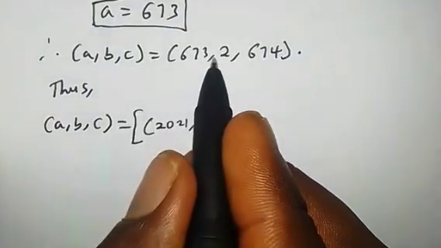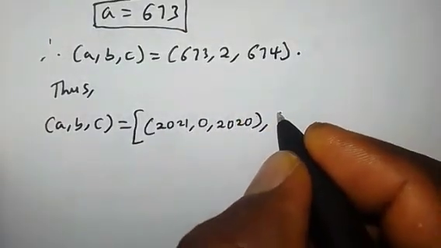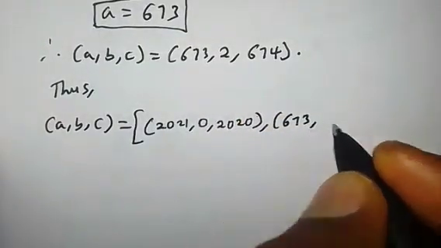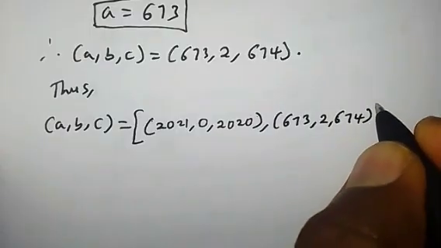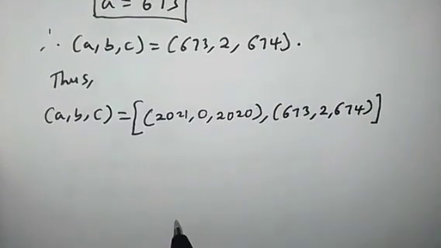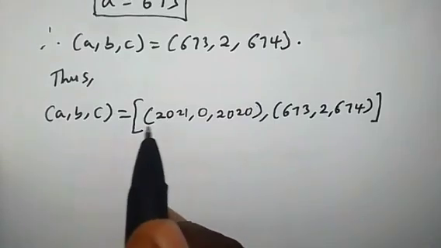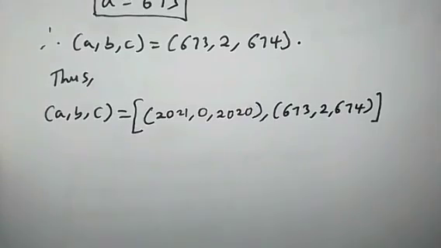This is the second solution that we obtained: 673, 2, 674. But if we can verify these solutions, that is to confirm if they are correct, it is very good. So let's verify it.